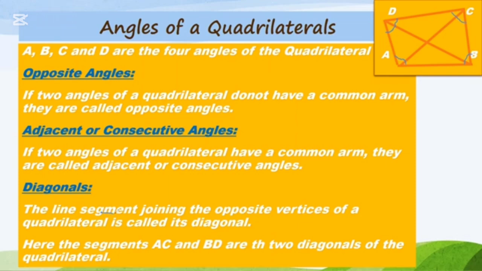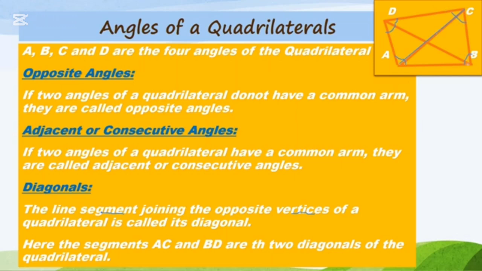In this diagram, if I join angle A and angle C with the line segment, if I join the two opposite vertices of the quadrilateral by a line segment, this line segment is called a diagonal.